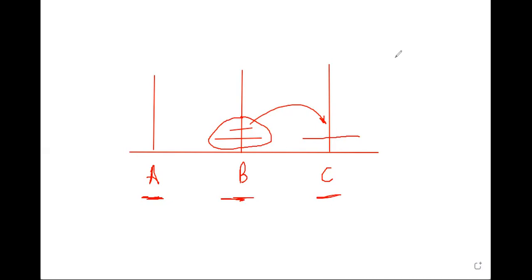So the idea here is, if I've got one disk, I'll just straight away take it from the source to the destination without using any supporting peg. If I've got two disks, then I can shift one to the supporting peg, and then I can shift the remaining one from A to the destination. So if there are two, then this is the sequence. If there is one, then this is the sequence.